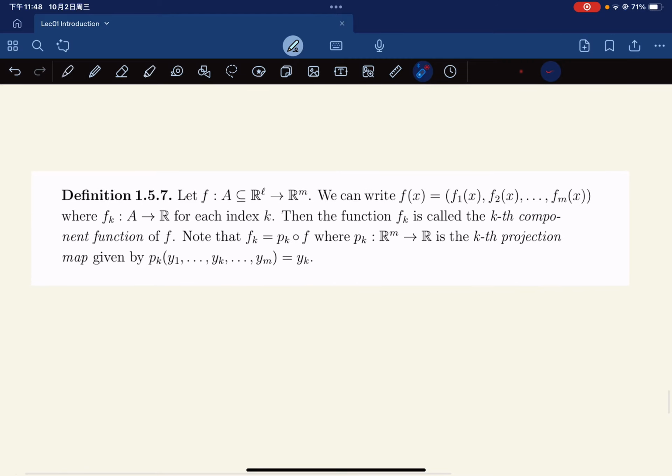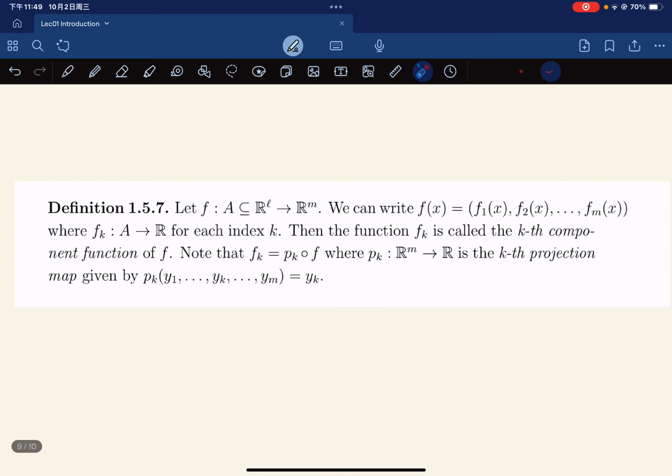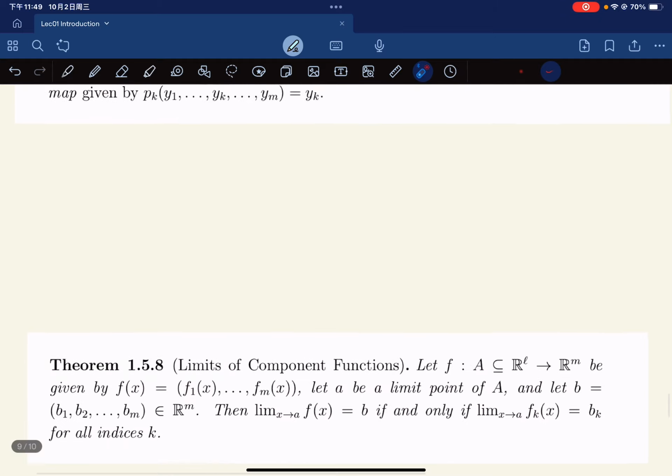And then we also have the component functions, right? Like in R^m, we have the m components, just like what we did for C, right? We have the real part and imaginary part. It's basically the first and second component, right? The kth component, so fk is equal to the composition of f with the projection map, right?